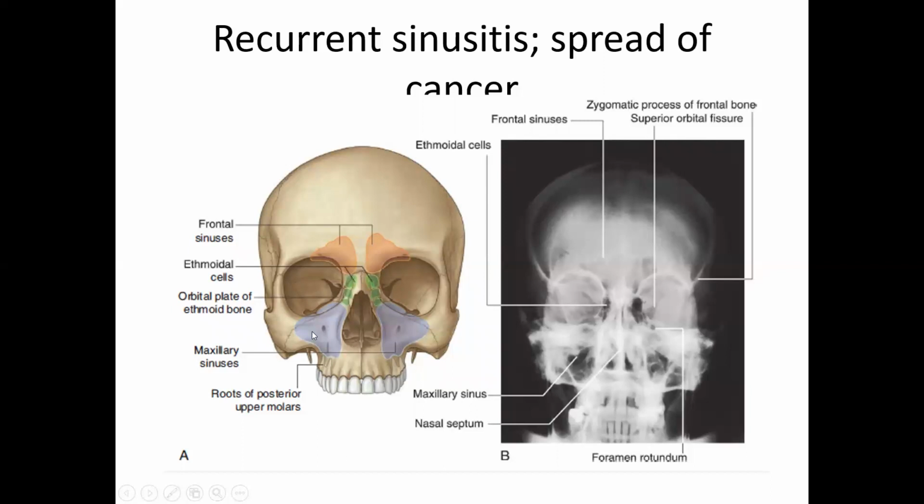Sinuses being a part of the mucosa of the respiratory tract can undergo cancerous change, out of which maxillary sinus is the most common one. If the cancer is limited to the maxillary sinus, there is no problem. But once it starts growing, it will break through the floor of the orbit and the eyeball will be displaced.